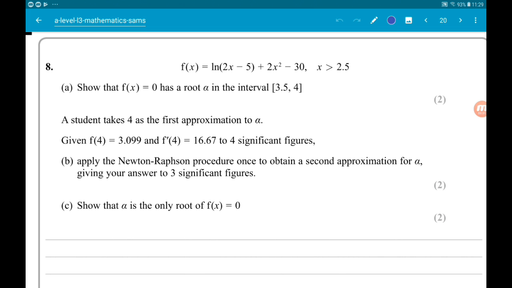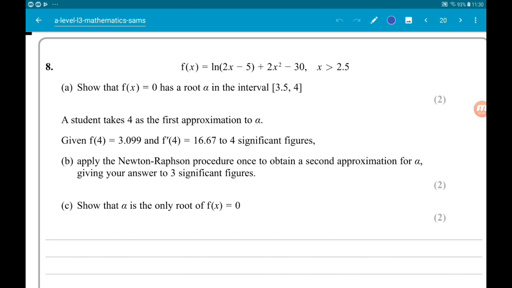Part A wants us to show that f of x is equal to 0 has a real root alpha in the interval 3.5 to 4. It's 2 marks.